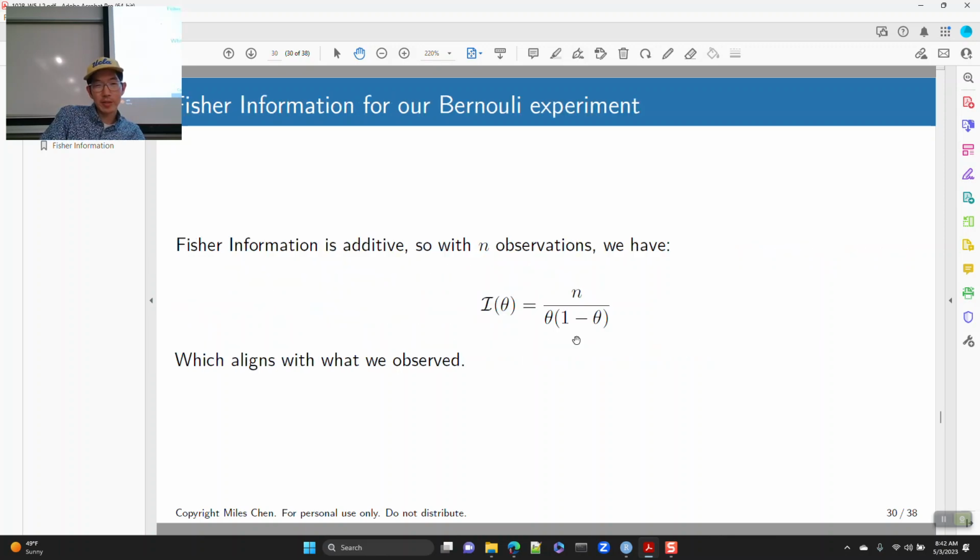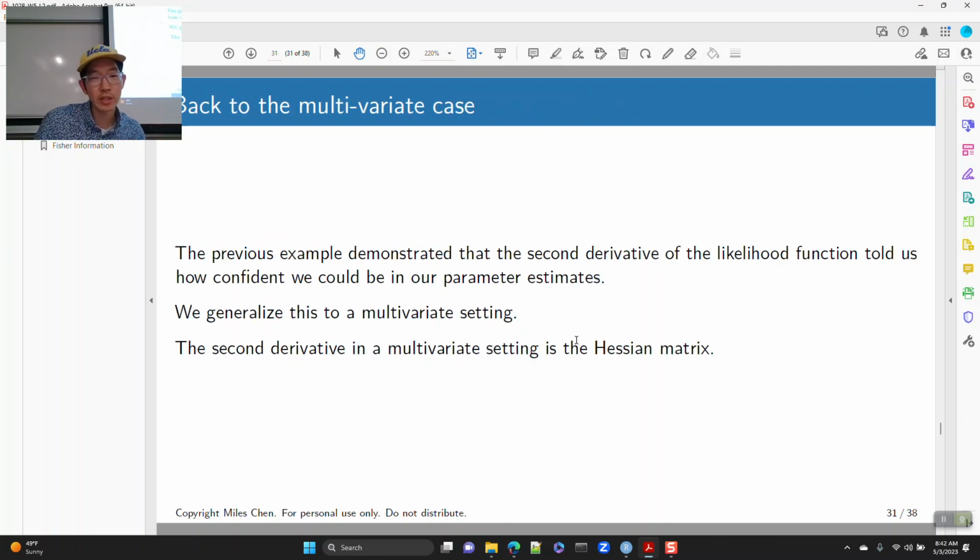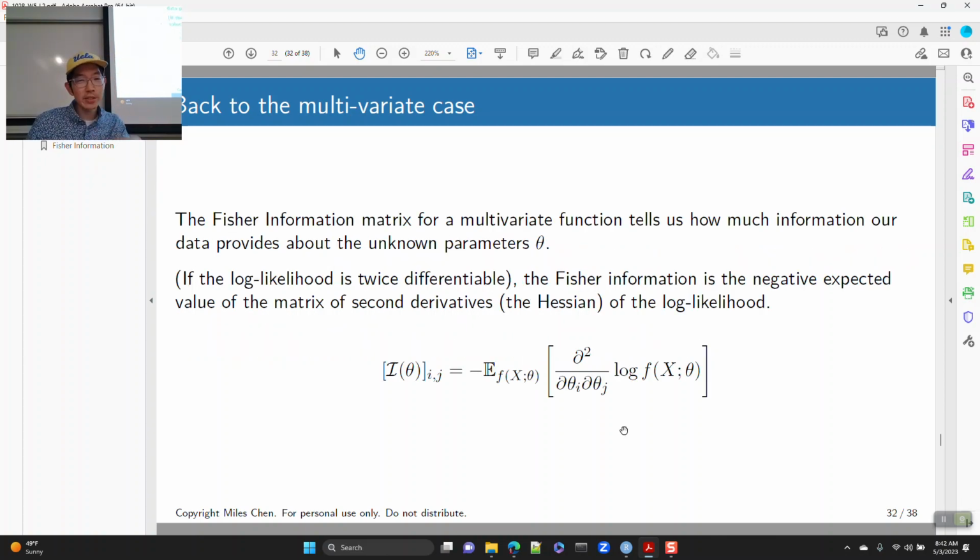So this Fisher information concept applies to the multivariate case. We're going to generalize this to the multivariate setting, and the second derivative in the multivariate setting would be our Hessian matrix. The Fisher information matrix for a multivariate function tells us how much information our data provides about our unknown parameters theta.